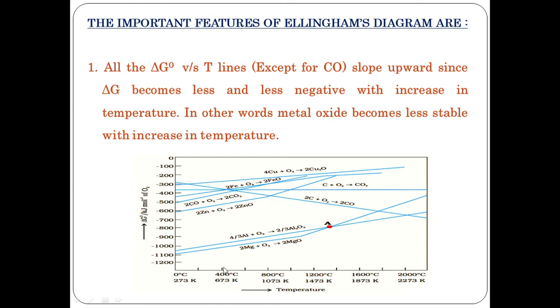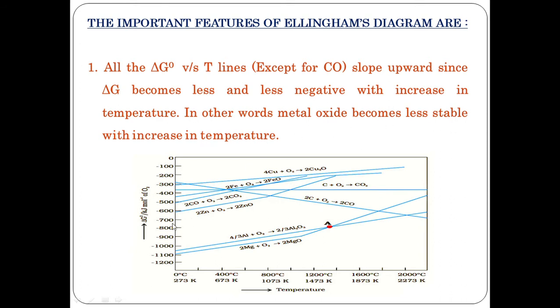For example, at 400 it is about minus 900 kilojoule per mole. Similarly, at 1200, it is minus 300. So with increase in temperature, delta G becomes less and less negative. In other words, the metal oxide becomes less stable with increase in temperature.